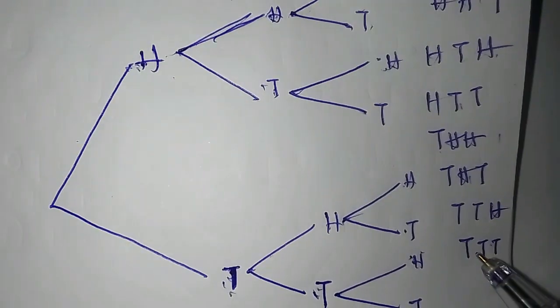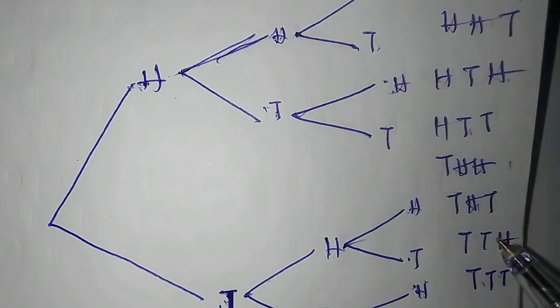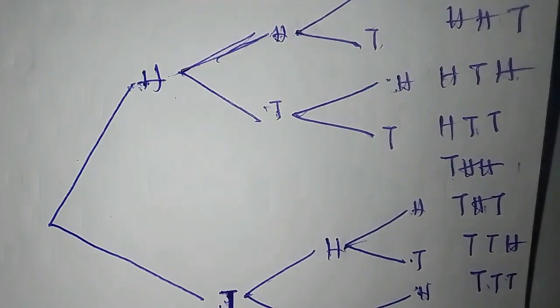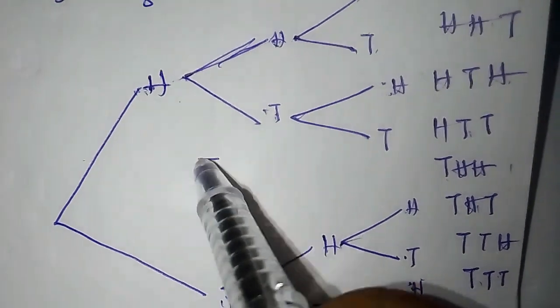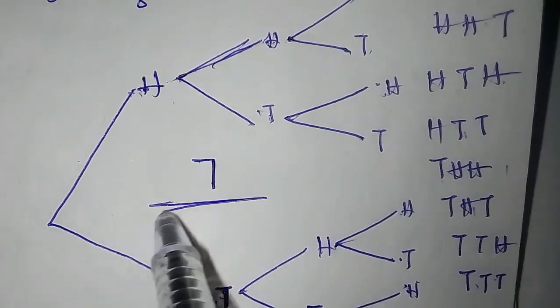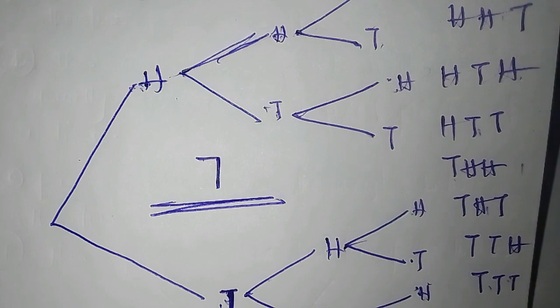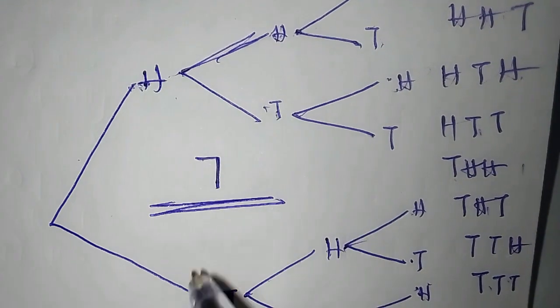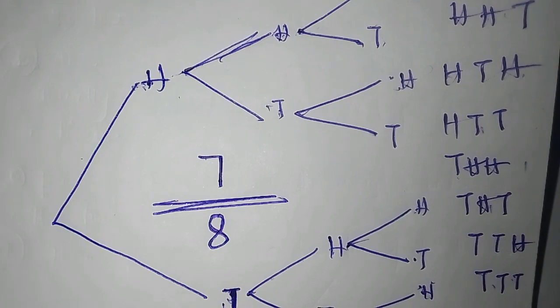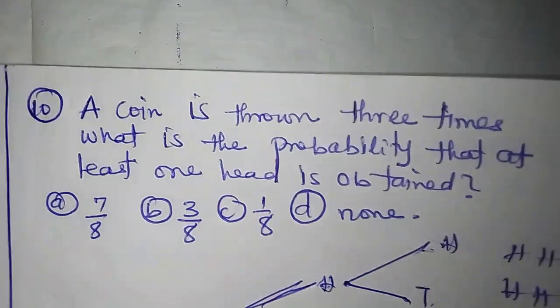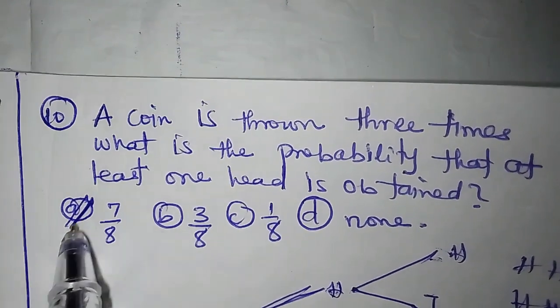In this case, there's no head at all. So I can obtain one head or more in 7 of the outcomes, divided by the total number of outcomes, which is 8. This is the probability. So the probability of obtaining at least one head is 7 over 8. And we can see that in option A.